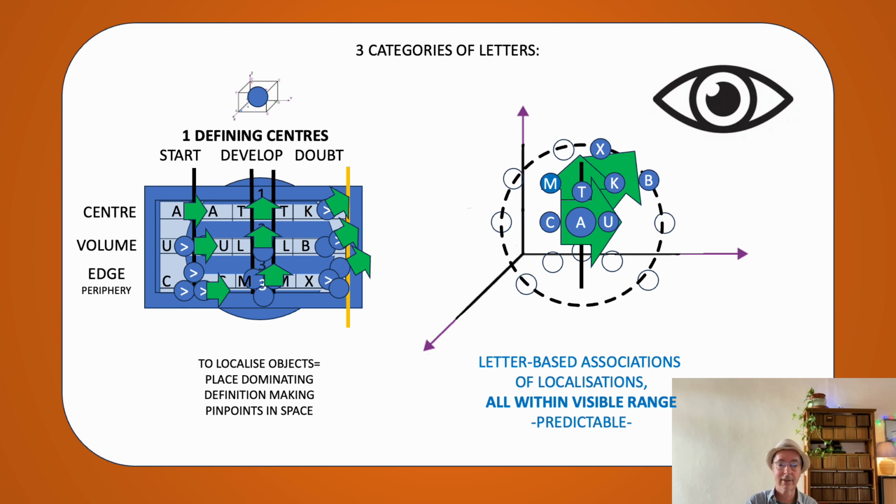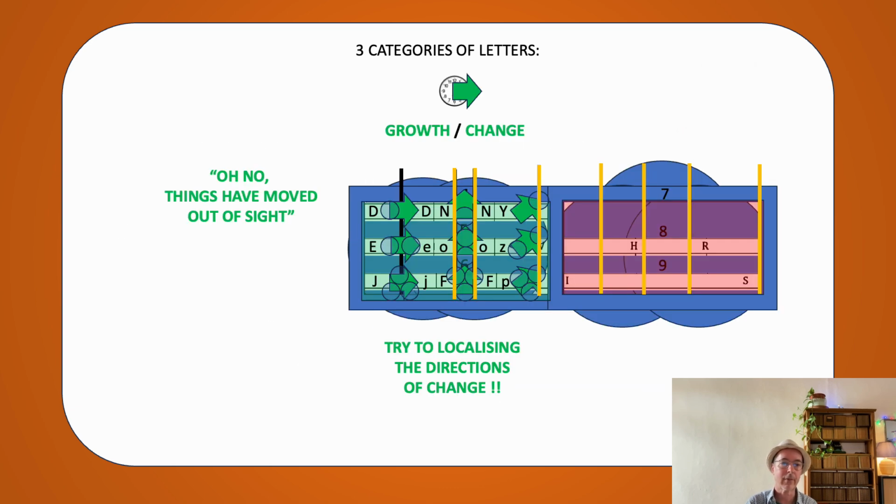Now, in the second category, we will focus completely on where the things are going. Where are they evolving to? So, even if things moved a bit out of sight, we have to adapt, use our intelligence and our open mind and just follow the changes, try to localize the directions of change.